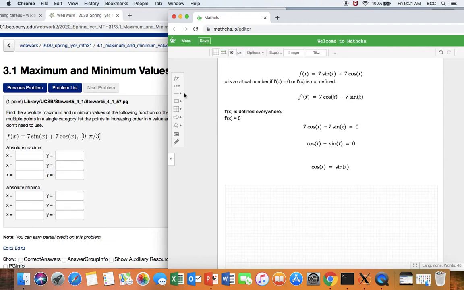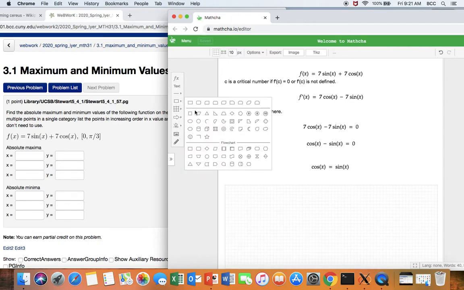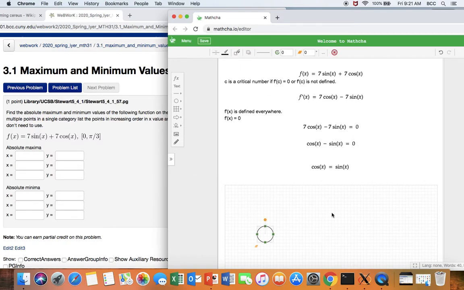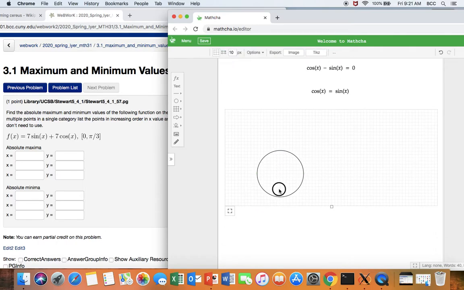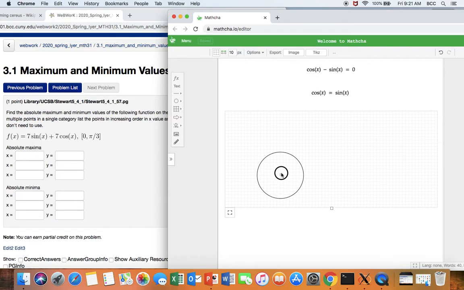A circle, if you remember your trigonometry. This is your center, you go around the circle. Here, at 45 degrees, cosine x and sine x are equal, at the diagonal. Over here and over here you get cosine x and sine x to be equal.